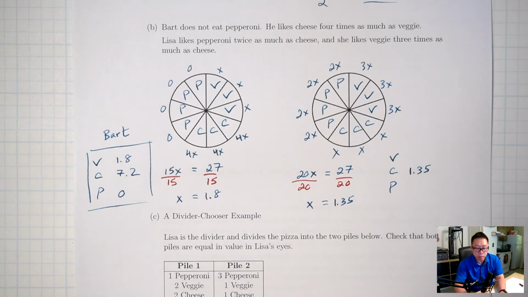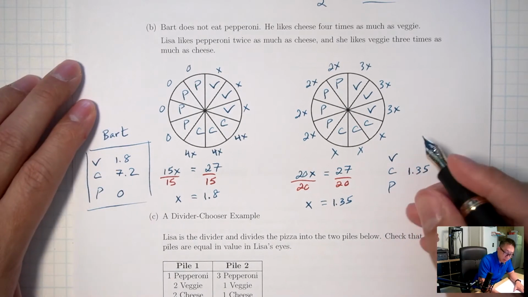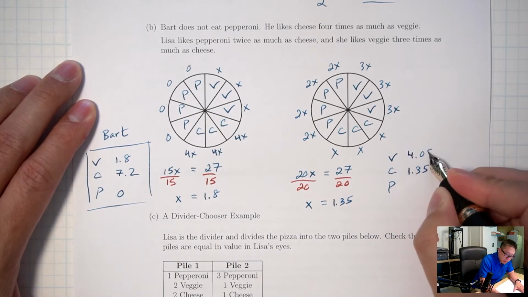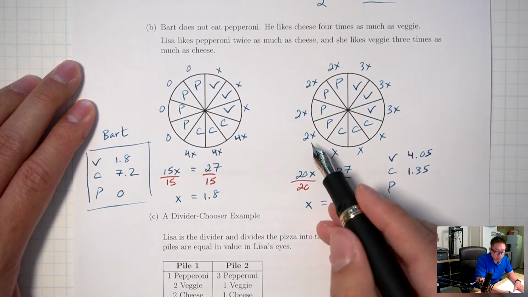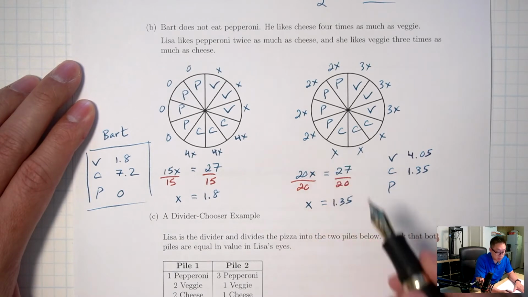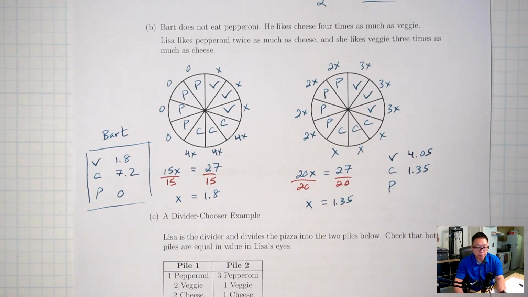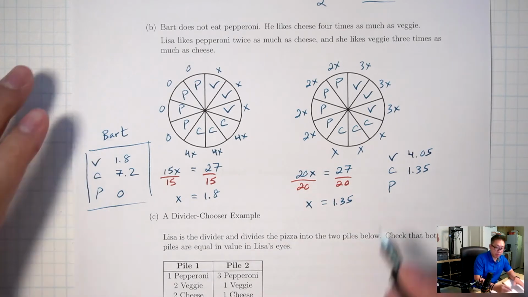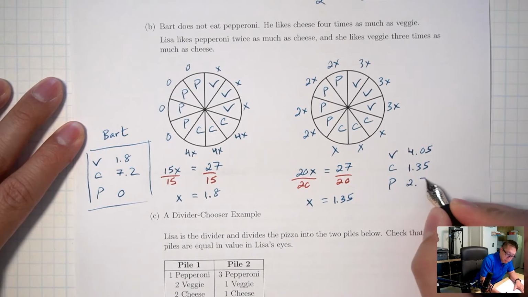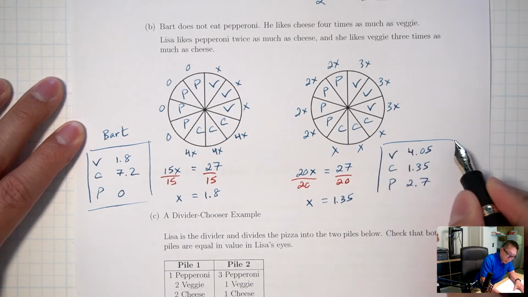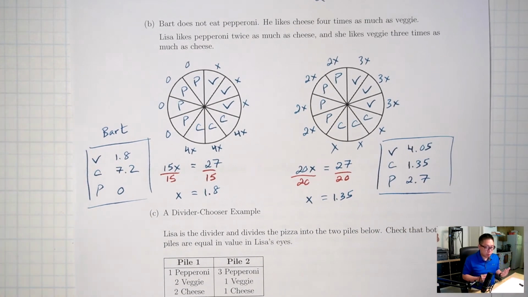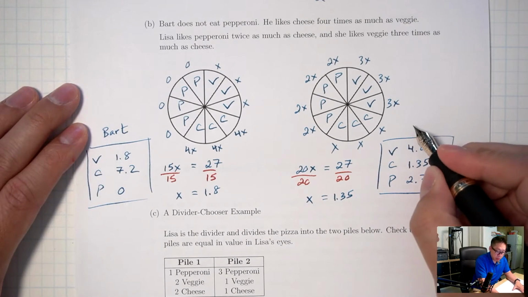So 3 times 1.35 is 4.05. Pepperoni is 2 times x, so 2 times the 1.35 is $2.7. All right, so these are the values of the slices to Lisa.